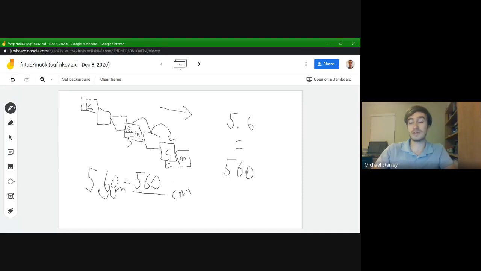So that extra 0 comes from the second time when we moved that decimal place, right? Because we said that we had to take 2 jumps to the right. So if we just took 1 jump to the right, that's what would give us 56. But that second jump is what gives us 560.